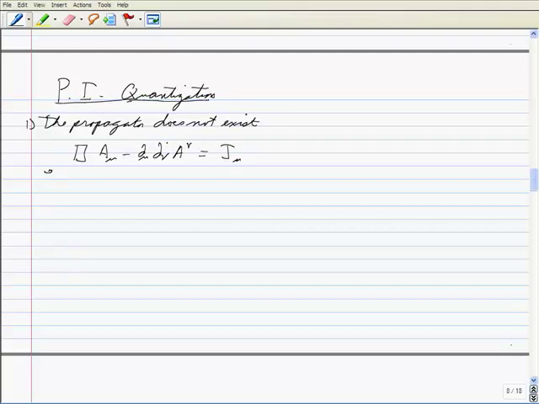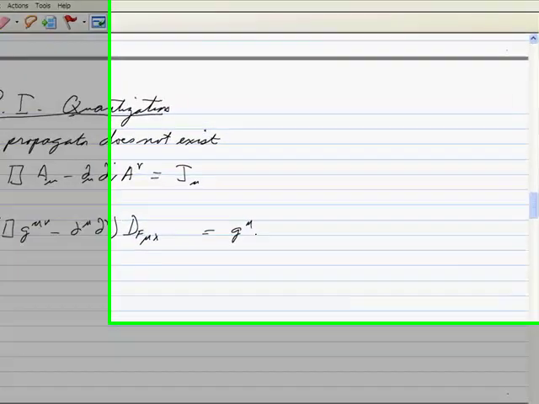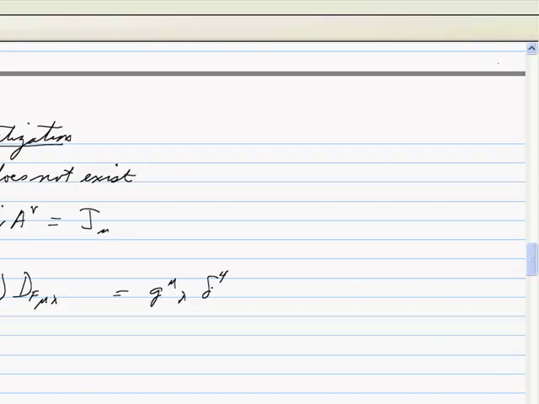We would like to have box G mu nu minus D mu D nu some Feynman propagator G nu lambda equal to G mu lambda delta of x minus x prime.